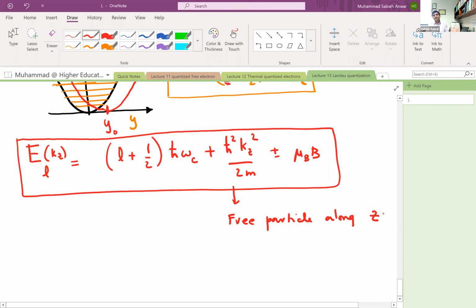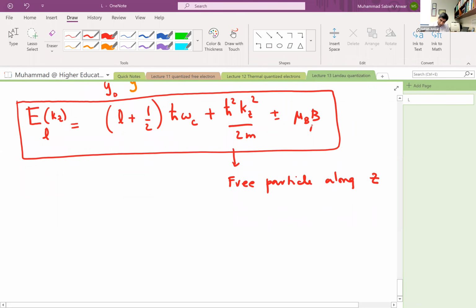And in the xy plane, in the transverse plane, the plane in which this plate exists, the energies are quantized. So let's ignore this term for the time being, because unless B is really, really large, this term is much, much smaller as compared to the quantization terms h bar omega c.